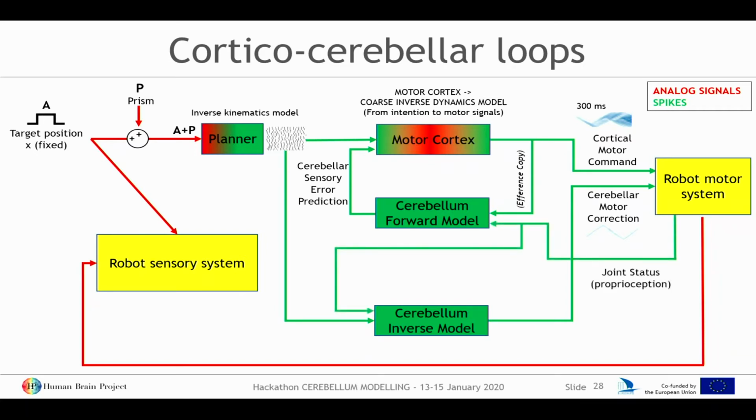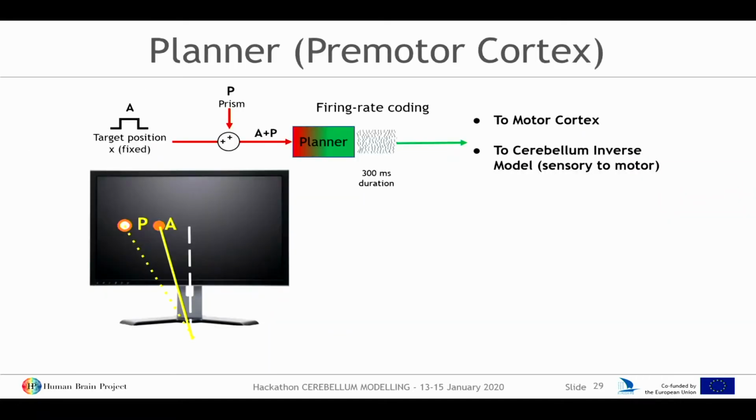We also have the proprioception information coming from the joint, but we don't have the visual feedback, because during the movement the subject doesn't see the point that he had to touch. And then, according to what we have done and what we were supposed to do, we can have an error that can be both sensory or motor, and it is used as a teaching signal for the two cerebellar modules.